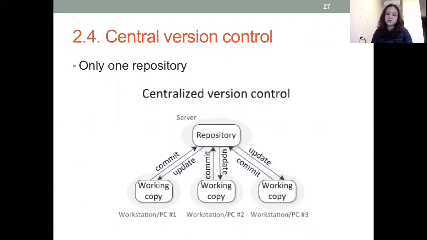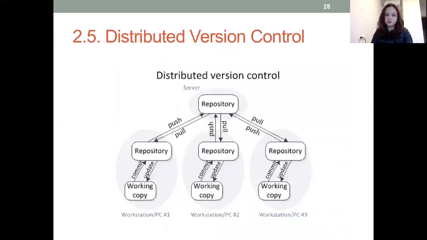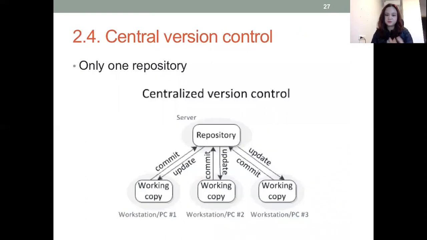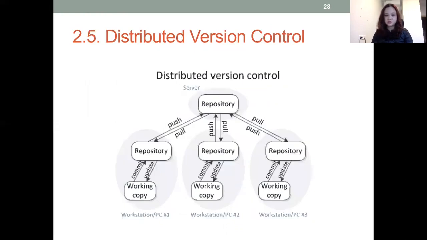So do you think that if somebody uses a version control system like Git, for example, it is centralized version control, or is it not that model, that is the distributed version control? So many students say to me that they use the centralized version control, but in fact, they use the distributed version control.